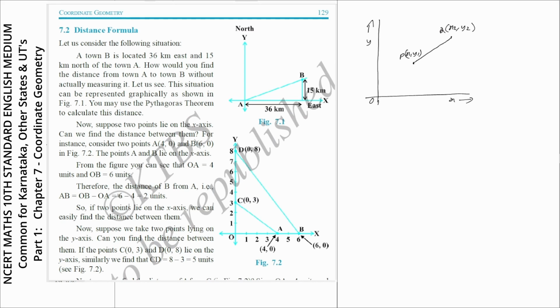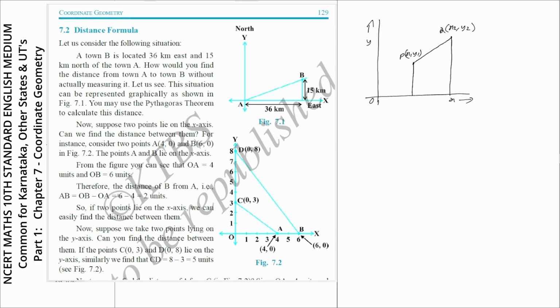How to find it? It's very simple. I'll draw one perpendicular from P to the x-axis, and I'll draw another perpendicular from Q to the y-axis.